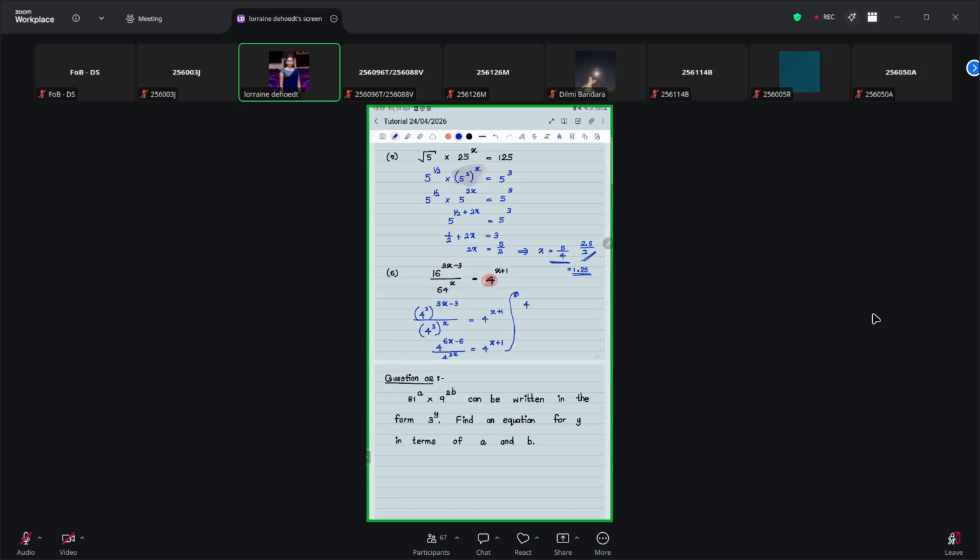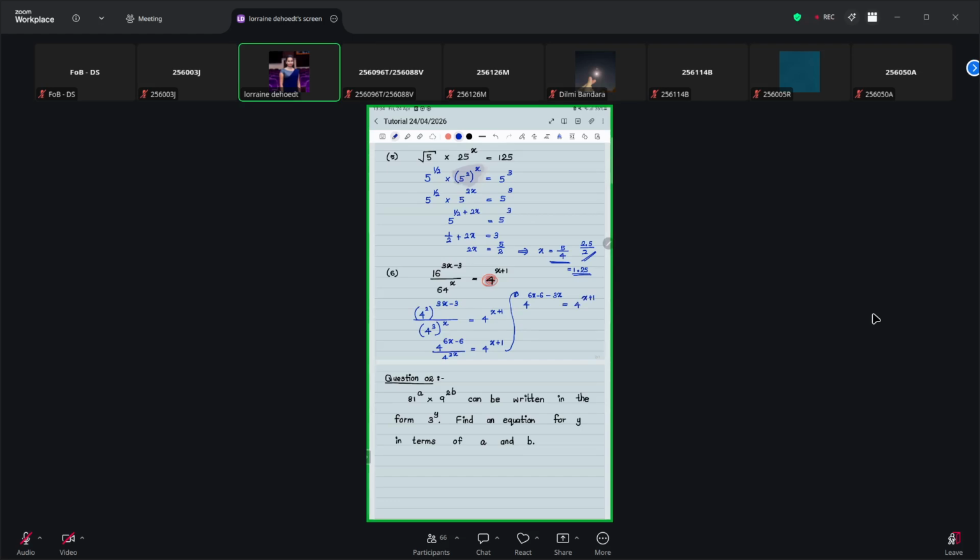Now you know when dividing, you can subtract indices. So 6x minus 6 minus 3x, because the denominator term has 3x power. So it's equals to x plus 1.